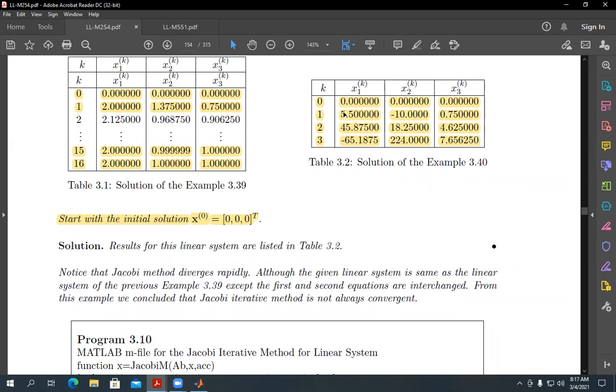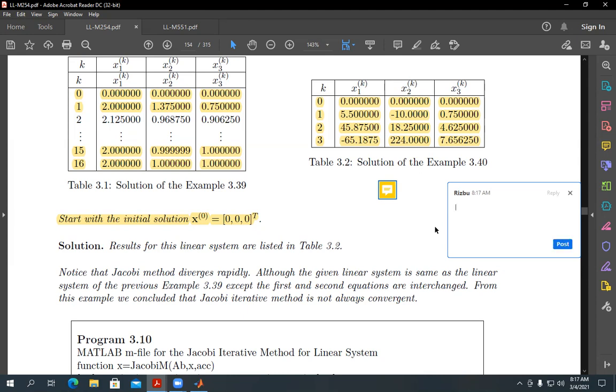But here we can say there is a big difference. So very soon I will give you one condition, and with that condition we can say whether the method will converge or not. I don't know if you remember: what is the condition of convergence in chapter number 2? Any student know?